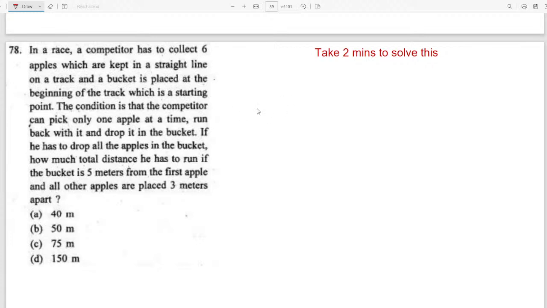So we'll just draw the diagram here. So let this be the starting point, and the bucket is 5 meters from the first apple. This is the bucket. The bucket is placed at the beginning. The first apple is at a distance of 5 meters. This is 5 meters.